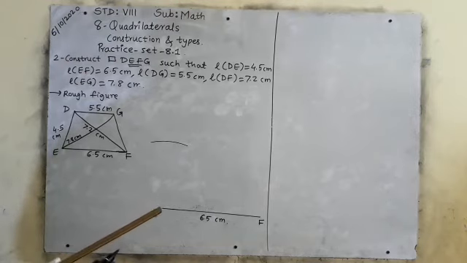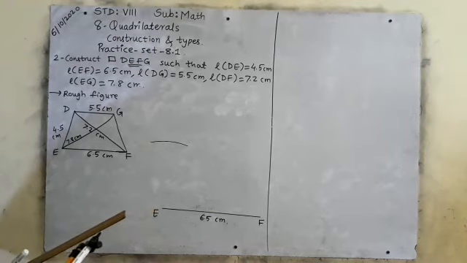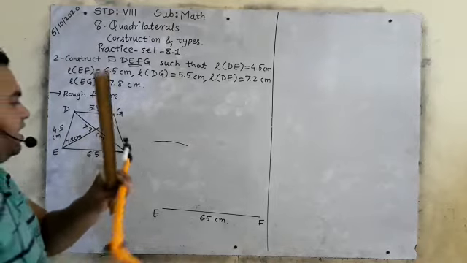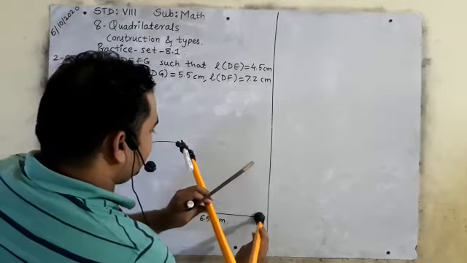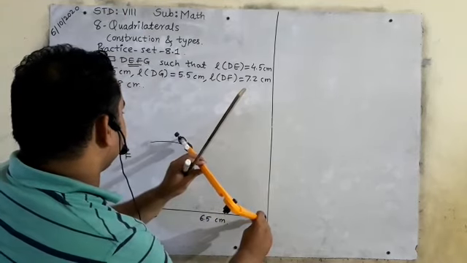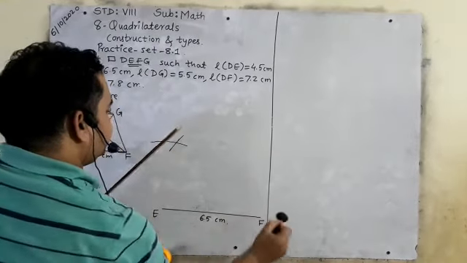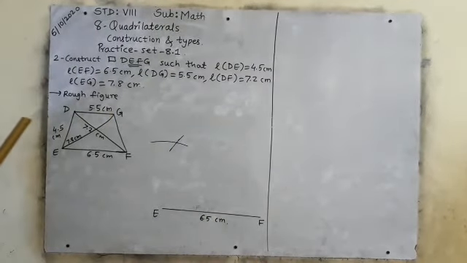Okay, I will take here 7.2 centimeter. Then I will arc it. Please pay attention. I will keep on F and I will arc this. I will cut this arc. You will get there an intersection point. Is it clear?